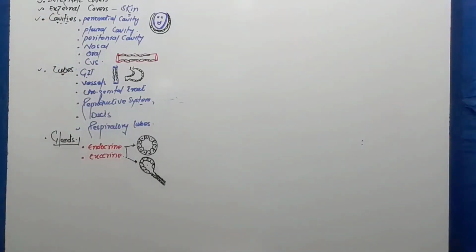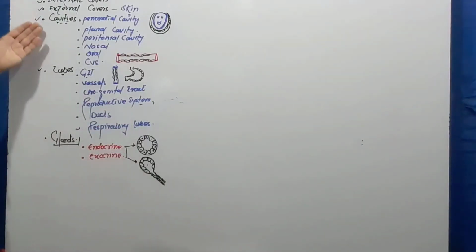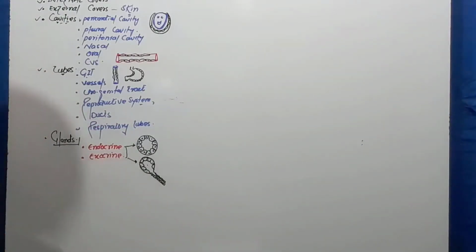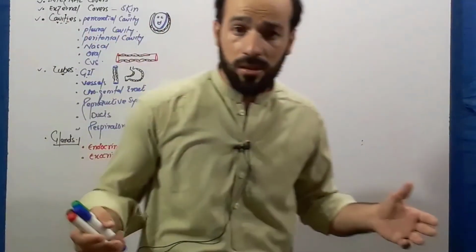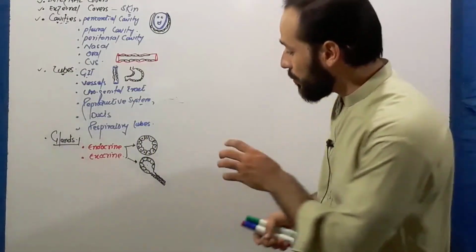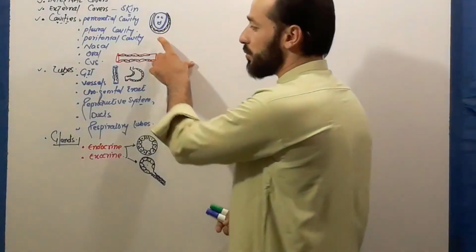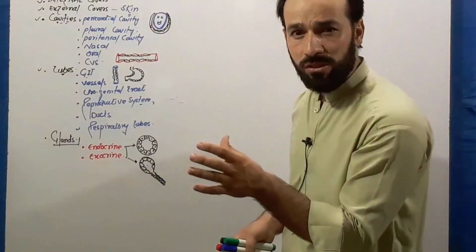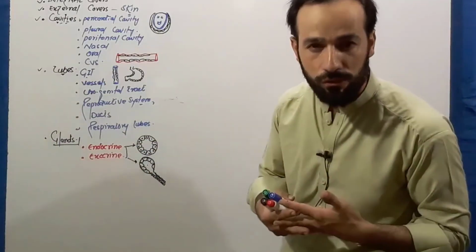So epithelial tissues are present everywhere in our body, right? They are present in cavities, tubes, and glands, and they cover our body externally and internally, right? You can see in every image where I have shown the epithelial tissues, I have shown them in such a manner that all the cells are lying very close to each other.